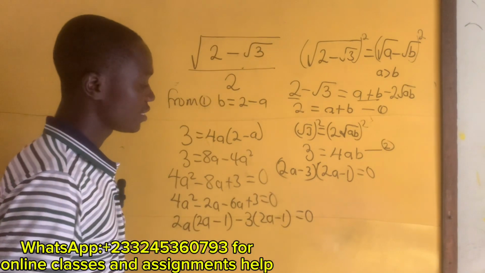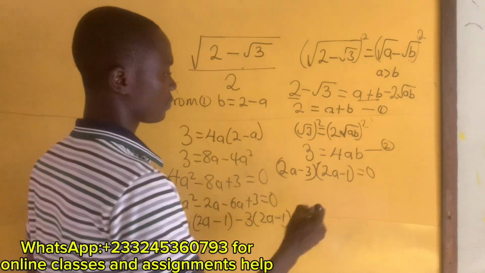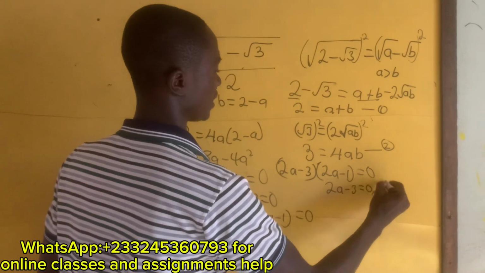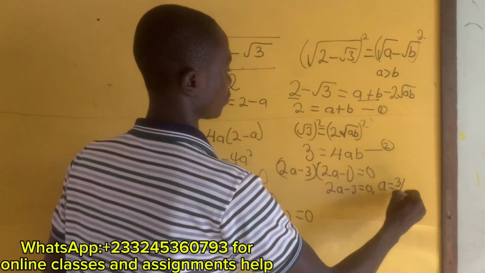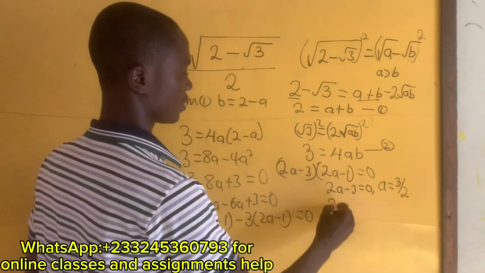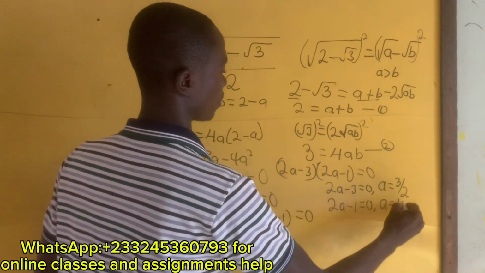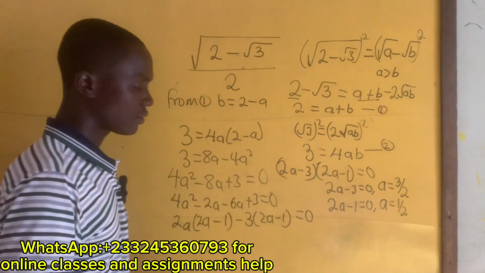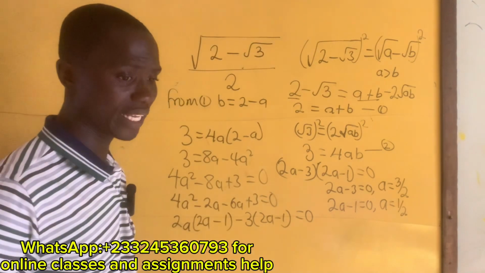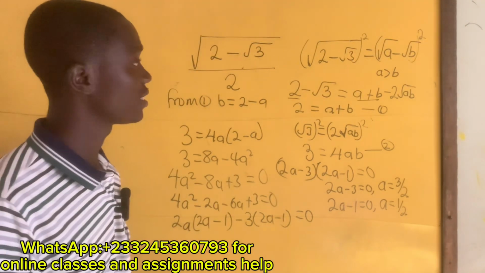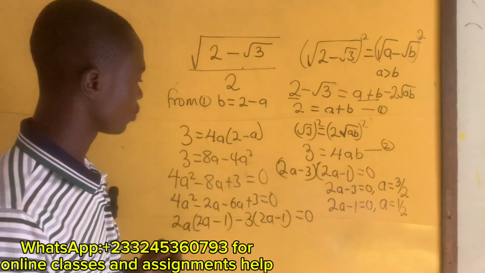That's good, right? Which eventually gives 2a minus 3 equals 0, meaning a equals 3 on 2, and 2a minus 1 equals 0, meaning a equals 1 on 2. So we have 2 possible values of a, but we've not found the value of b, so we cannot decide which one is going to connect us with this.